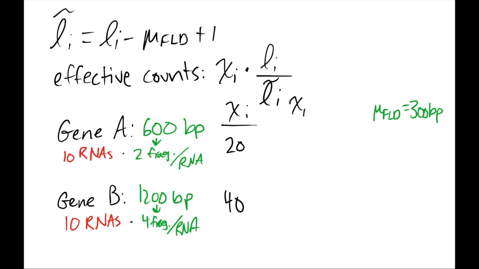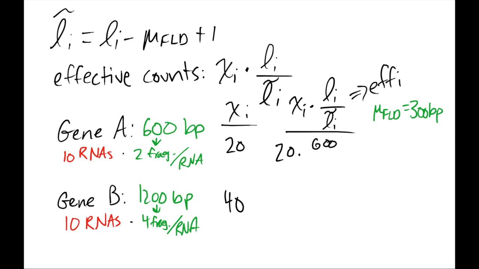And with that, we can calculate the effective count. We can say that xi times the length of the gene over the effective length of the gene. We could also call this EFI. Very fun. All right, so you can say 20 times 600 over 600 minus 300 plus 1.